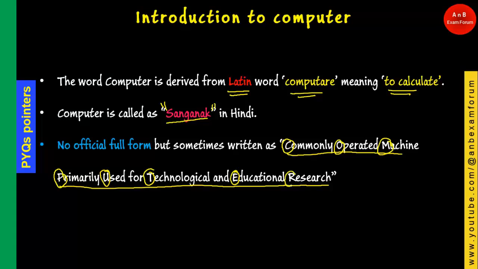R stands for research. So COMPUTER. Okay, but remember this is not an official full form, but it is commonly taught in educational institutions as a full form, but there is no official full form.